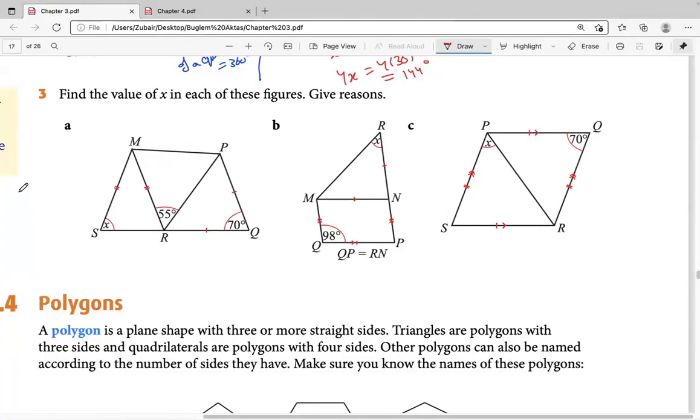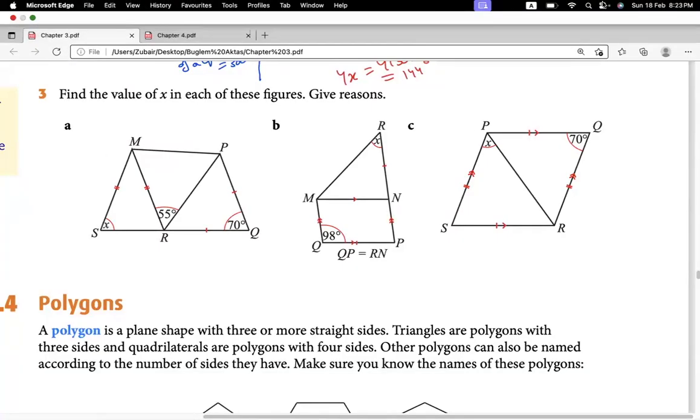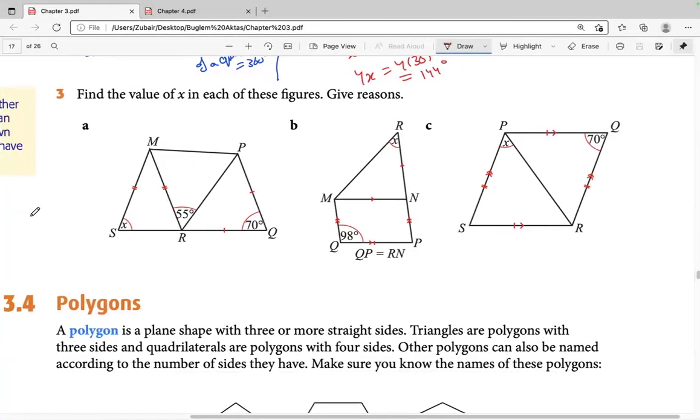Find the value of X in each of these figures, and give reasons. 3A. I think we'll work from the right hand side for this question. Is the middle an isosceles triangle?